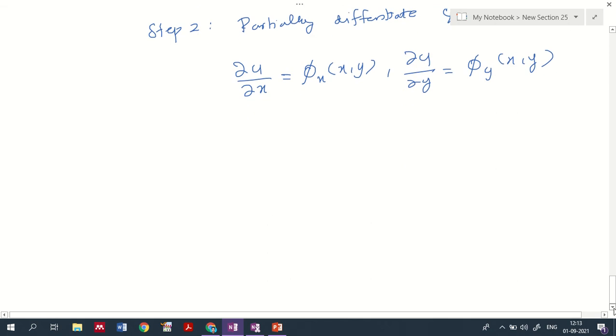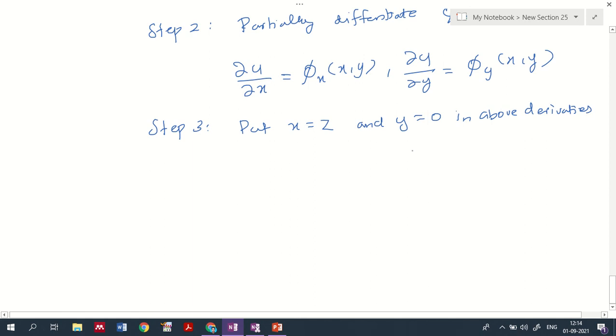For that, the next step is step number 3. Now we put x equal to z. If you have found phi_x and phi_y, then you put x equal to z and y equal to 0 in the above derivatives.